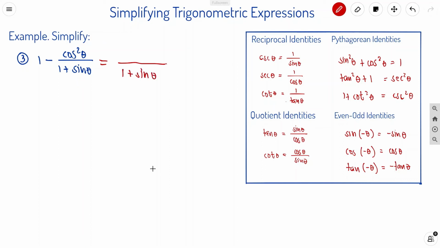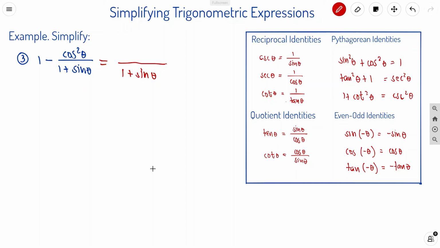At itong nakuha nating LCD, ang gagawin natin when we are going to subtract fractions is i-divide natin to sa kanyang denominators, and then ang quotient natin is i-multiply natin sa numerators. So to do the process, let's start from the first term. So we have 1 plus sine theta divided by 1. So that is equal to 1 plus sine theta.